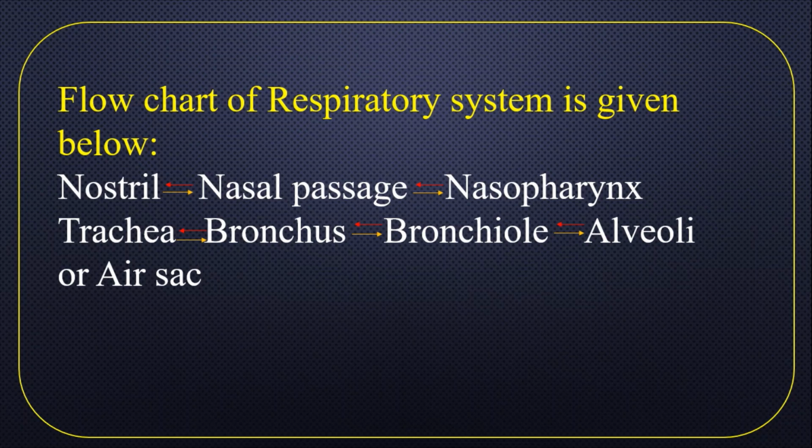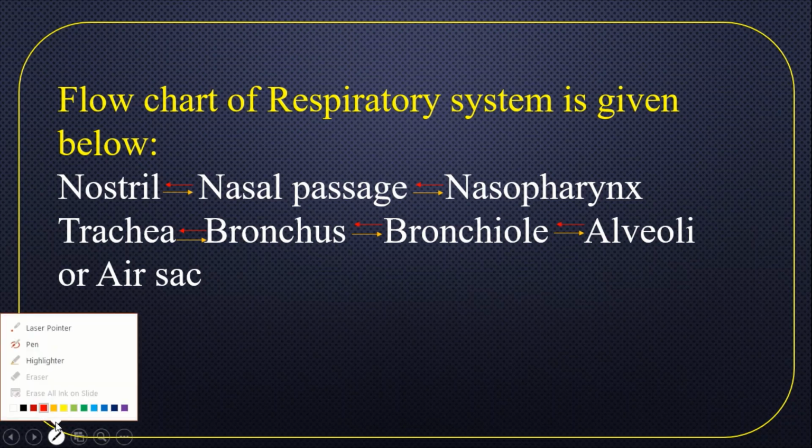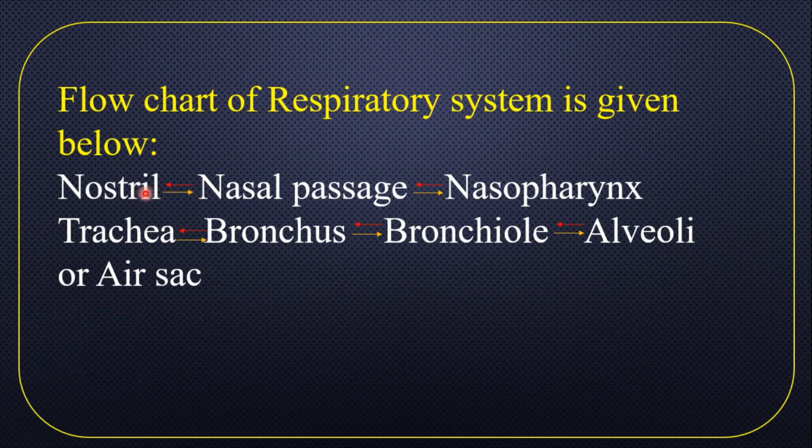At first, air enters the nostril, nostril to nasal passage to nasopharynx, nasopharynx to trachea, trachea to bronchus, bronchus to bronchiole, then bronchiole to alveoli or air sac, which is called in singular form alveolus. This is the inhalation process.